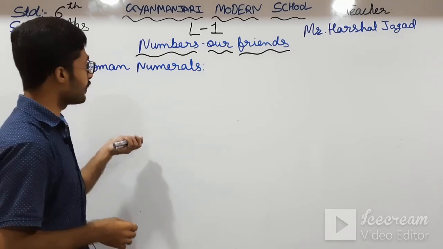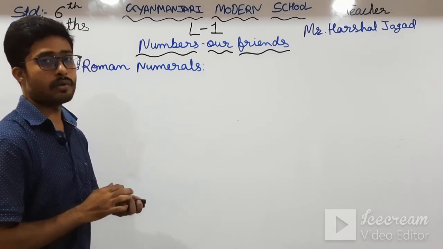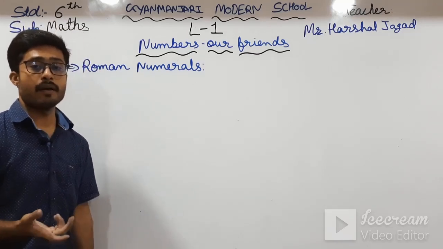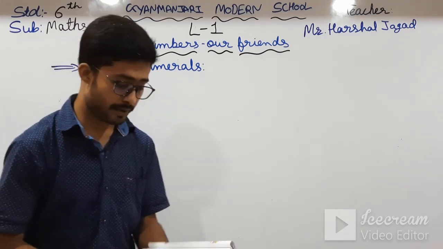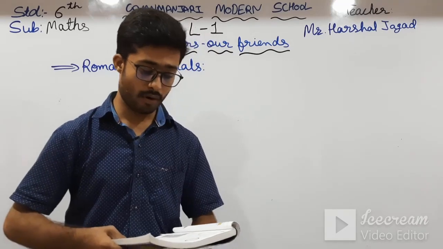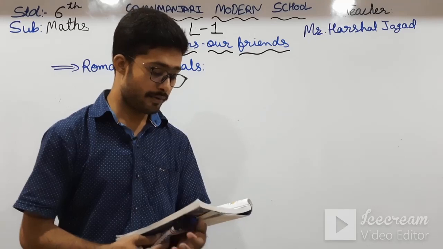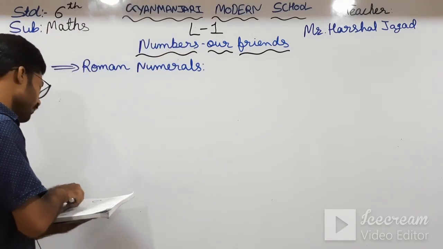I have told you in the previous lecture we have started the Roman numerals also. There are some rules of the Roman numbers. You can see here a table on page number 21 of Roman symbols and Hindu Arabic numbers. First of all, I will draw that table to help you understand.